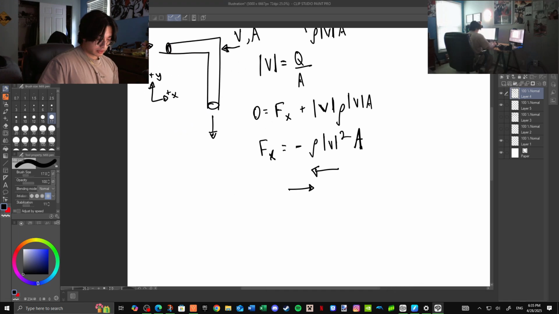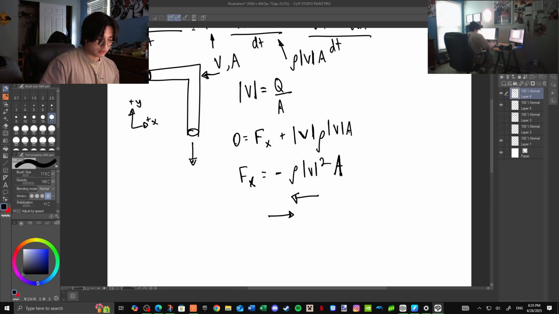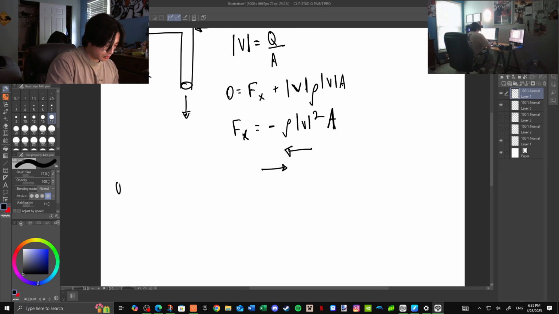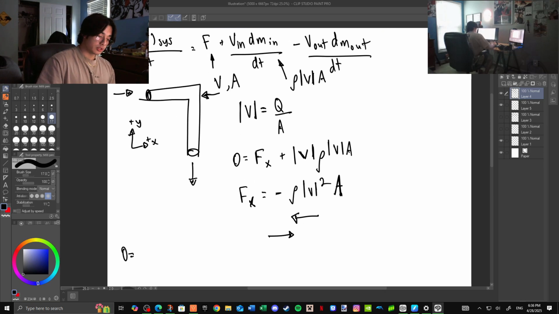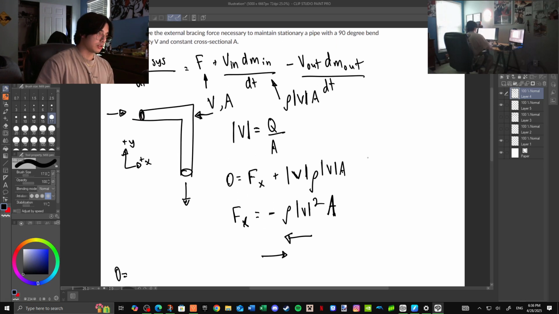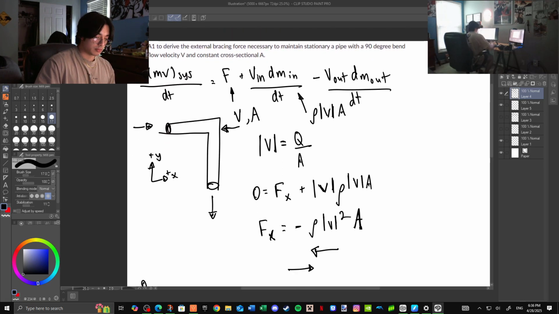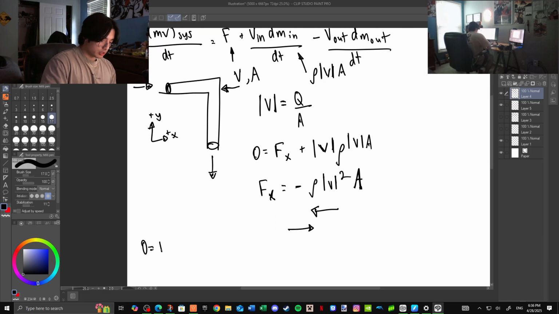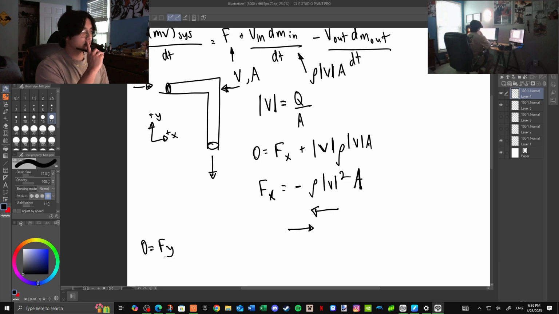Now we need to focus on this flow of the system. So you can see this flows in the y direction. So we're going to set up the equation for that in a very similar manner as we did for the bracing force for the x direction. So 0 is equal to f of y for the vertical bracing force.